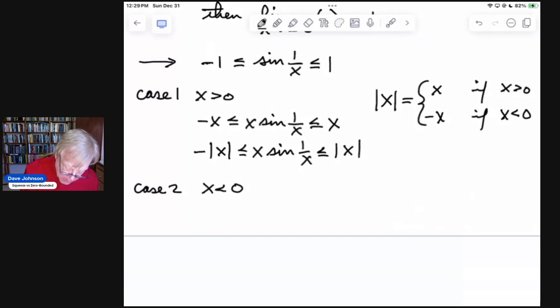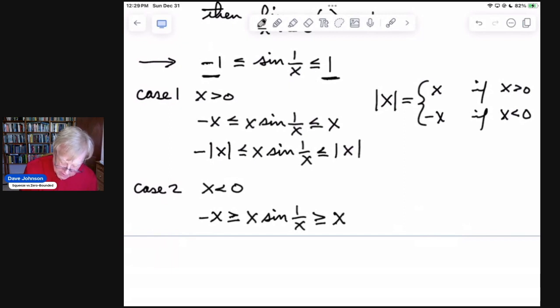So we get negative x greater than or equal to x sine 1 over x greater than or equal to, and then this 1 times x, which is x.